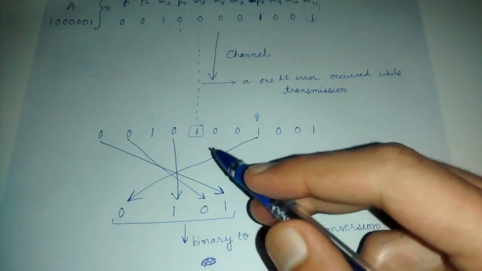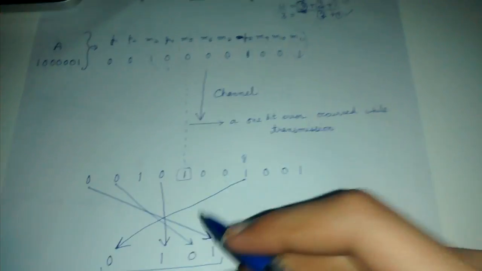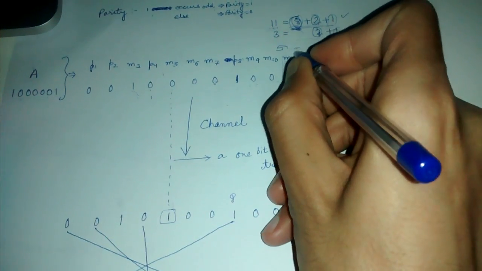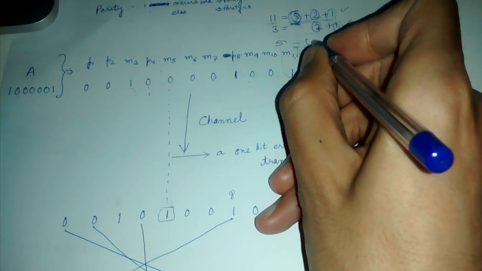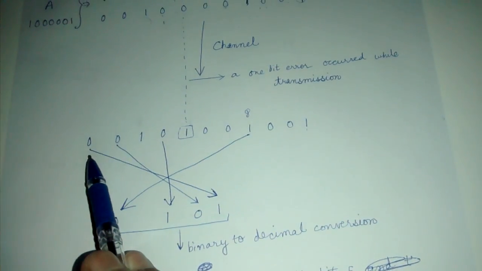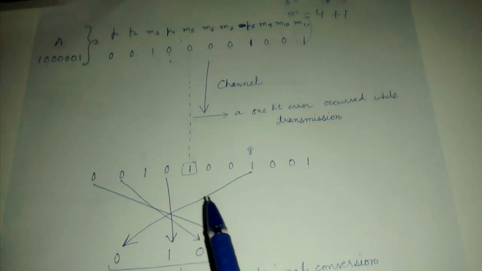Now the 5th bit is 1, so we have to write 5 as well. We write 5 as 4 plus 1, right?